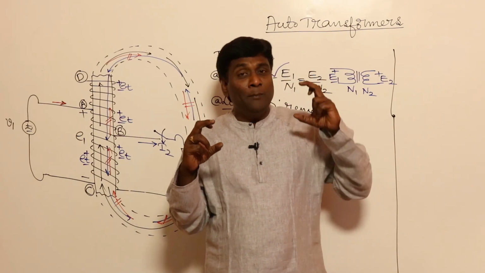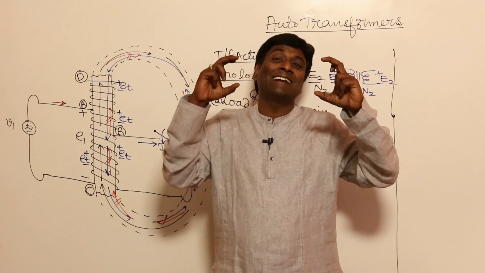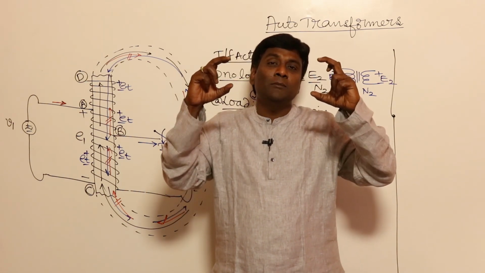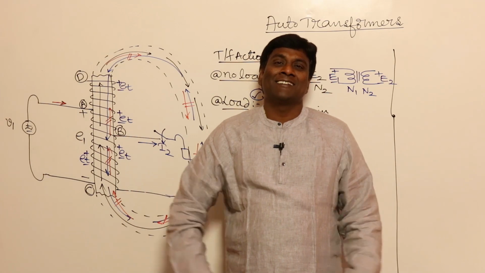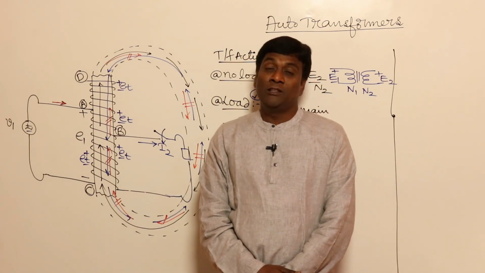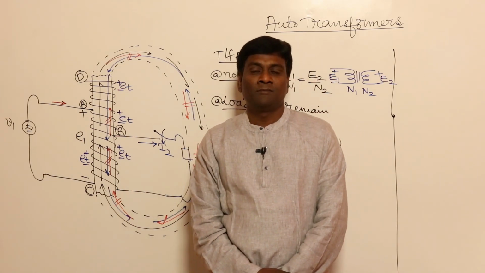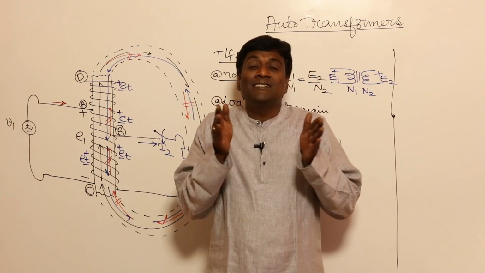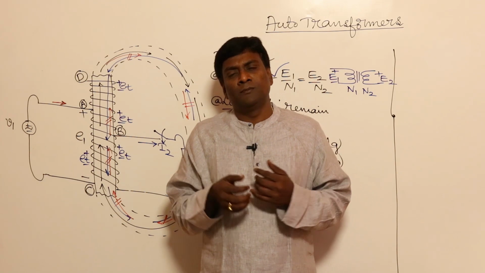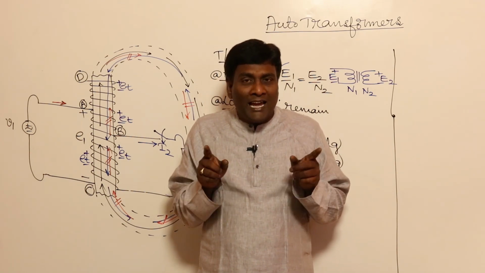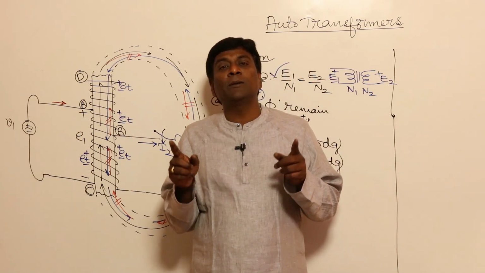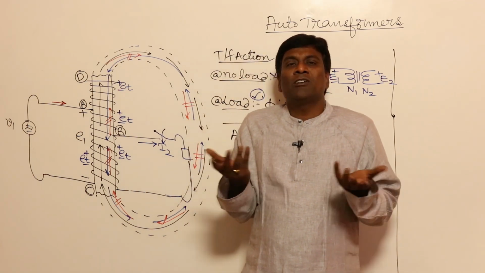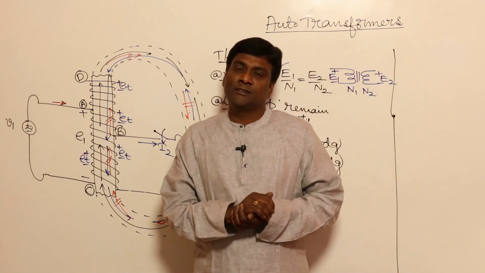So primary power handling capacity is nothing but secondary power handling capacity, which is nothing but the total power handled by transformer action without having any electrical connection. Because in a two winding transformer, how much was the resistance between primary and secondary? 0. Without any electrical contact between primary and secondary, power can be transformed; that is transformer action.